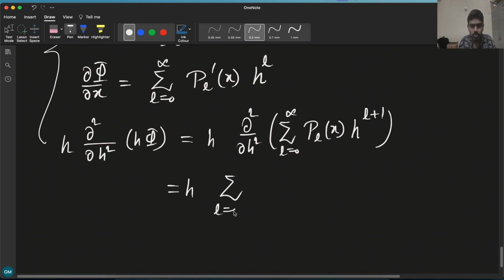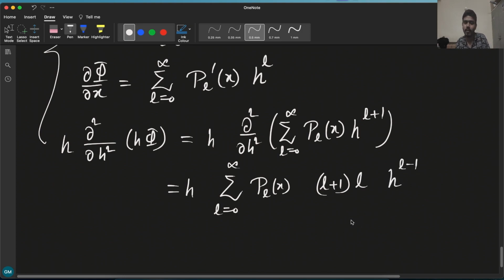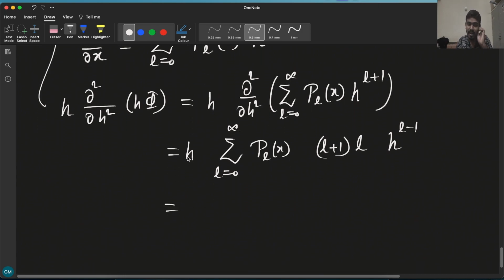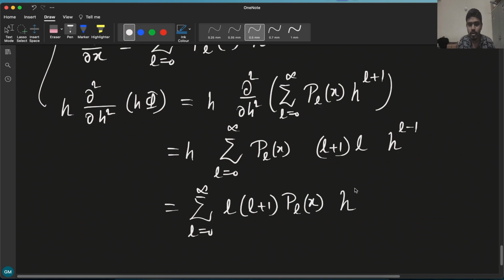It is the sum over L equals 0 to infinity of PL(x) times (L plus 1) times L times h to the power L minus 1, after the double derivative with respect to h. And now if I multiply it with this h, it will be the sum over L equals 0 to infinity of L into (L plus 1) PL(x) h to the power L.